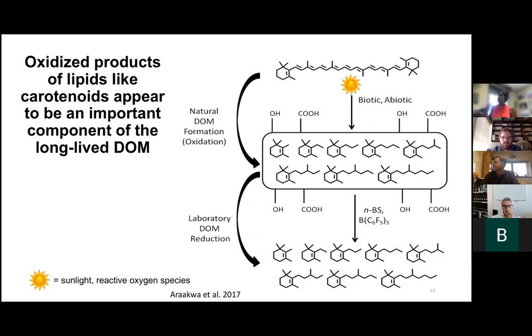I don't know exactly where those hydroxyl and carboxylic acids are because we can't detect these in their native form. We actually do a reduction and then detect just the carbon skeletons, but we know they're oxidized based on nuclear magnetic resonance spectrometry and some other tools that we use.